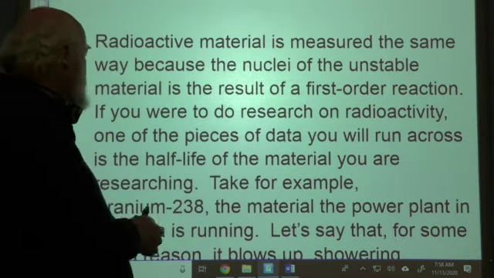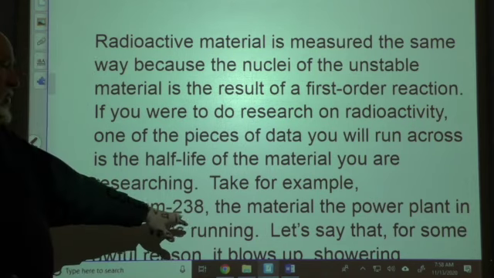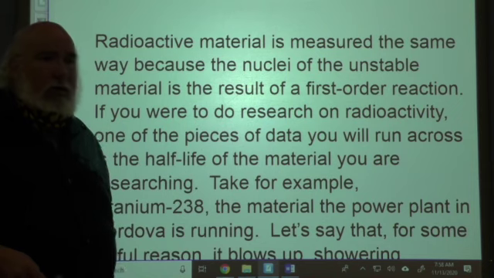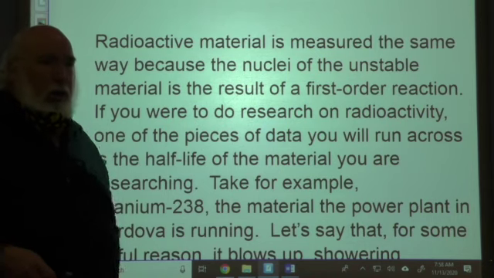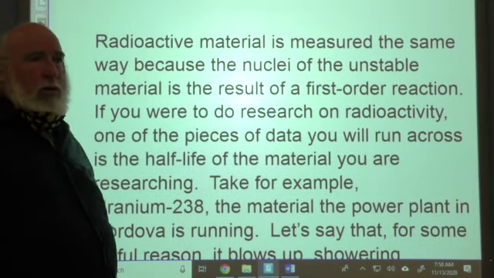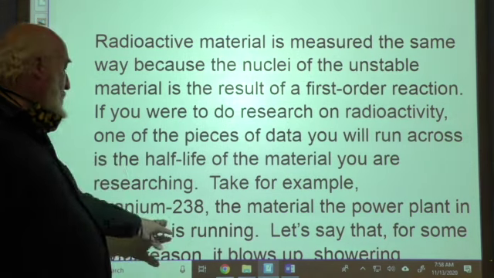That's the big if. But we have this power plant here, and what we have there is this isotope, uranium-238. Now, uranium-238 is one of the most stable uranium isotopes there are. The nuclear bombs that we have dropped, one of them used uranium-235.